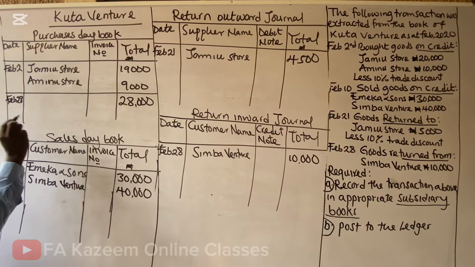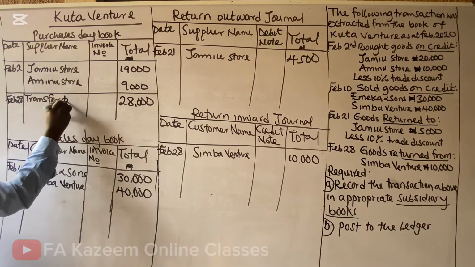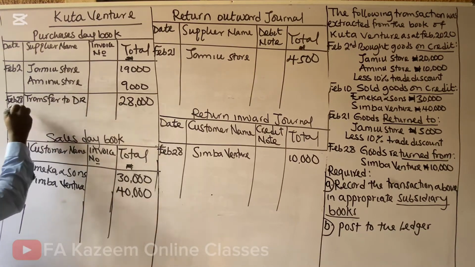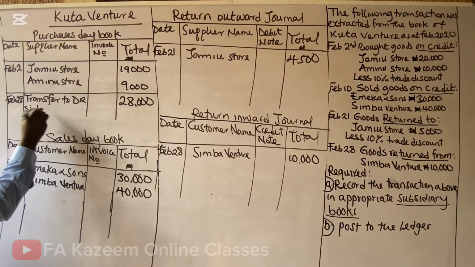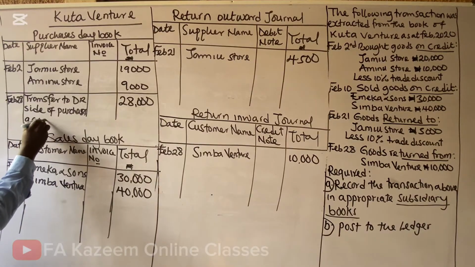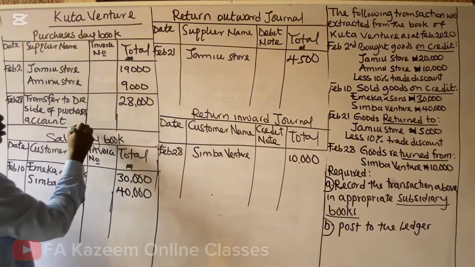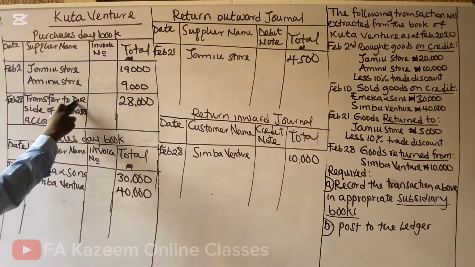Now we say transfer to debit side of purchases account, meaning from the subsidiary book to ledger, it will be transferred to debit side.